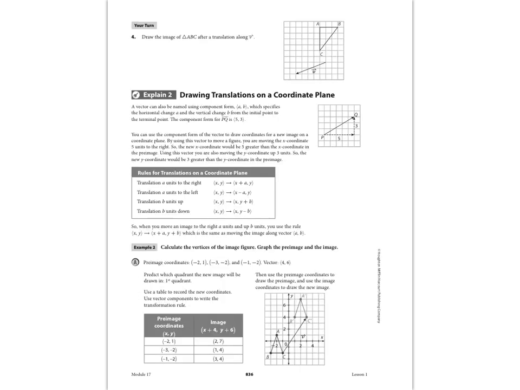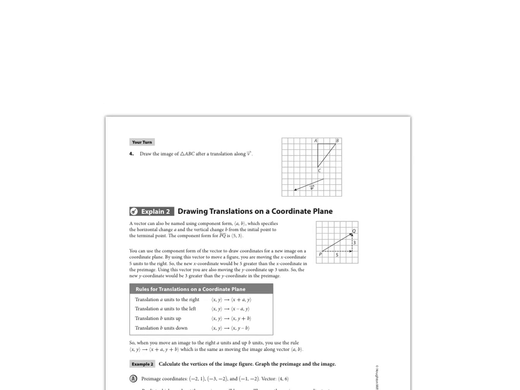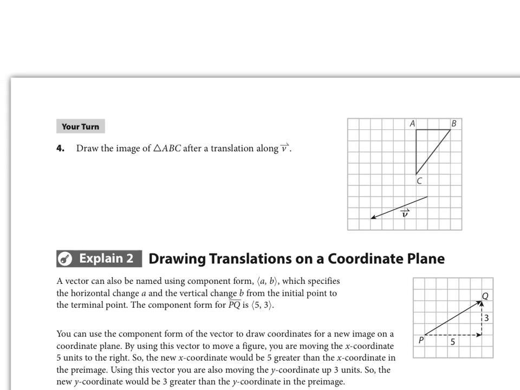On page 836, number 4, let's do this translation along the vector that's given to us, vector v. So the vector, remember, is going to tell us which way to translate this thing and also how far to translate it. That's the direction and the magnitude. So you see the arrow means that it starts at the other endpoint and it's going to end where the arrow is.